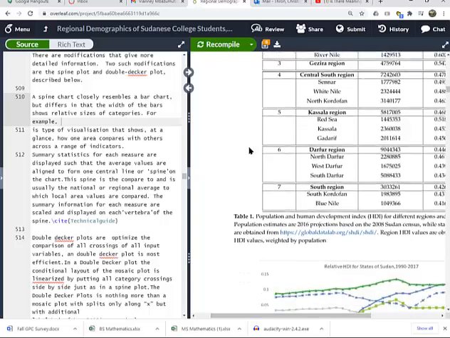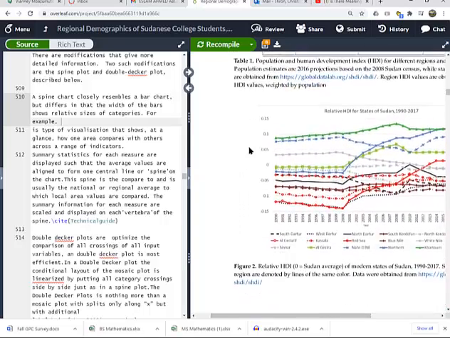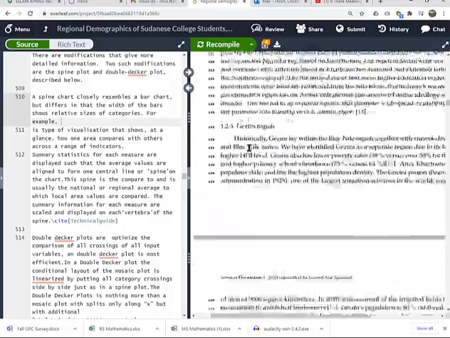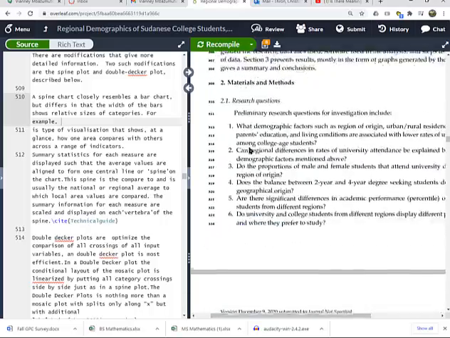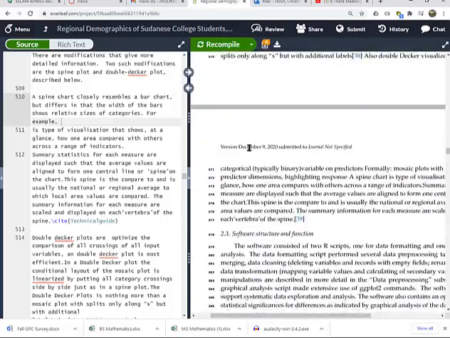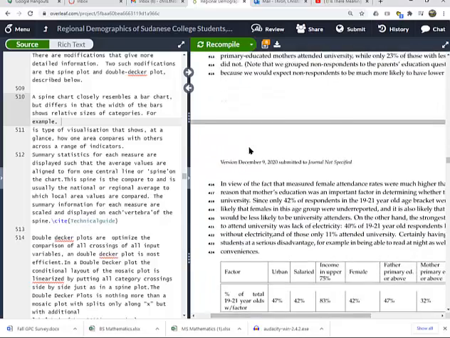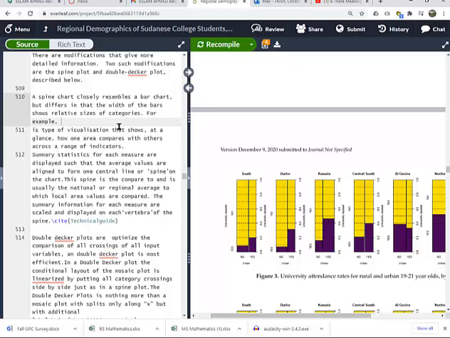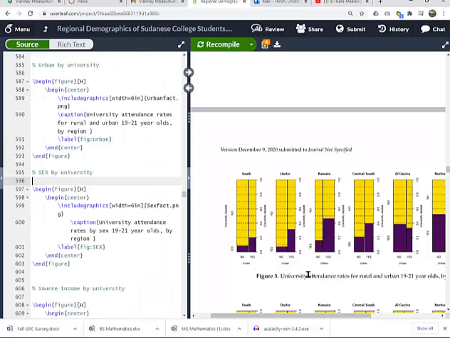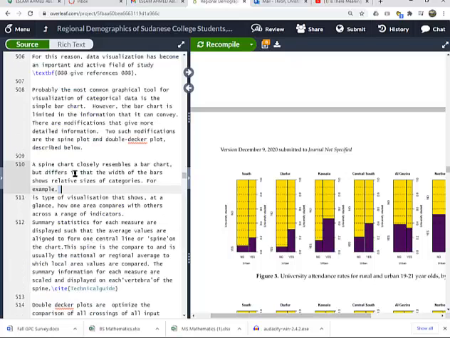All right, this is figure 2 here. So let's go to figure 3. This figure is called fig 6. I'm going to copy this, and then we'll go back.